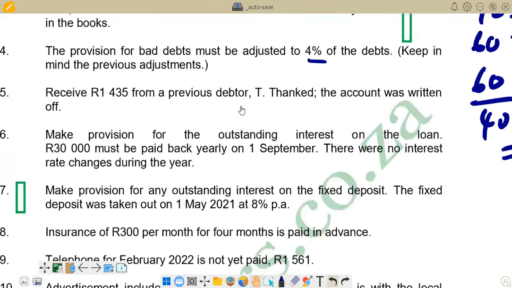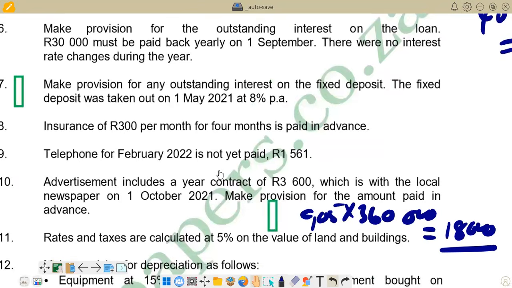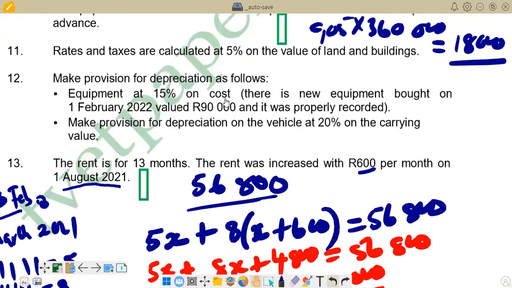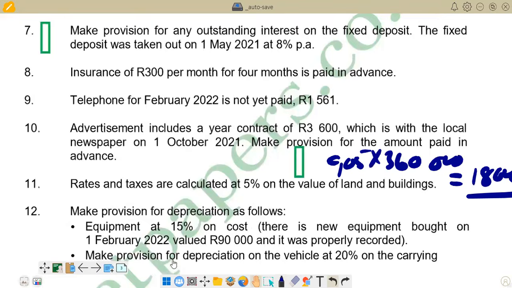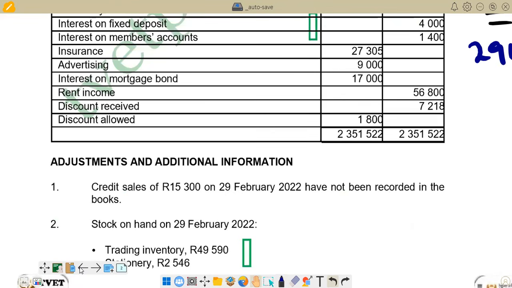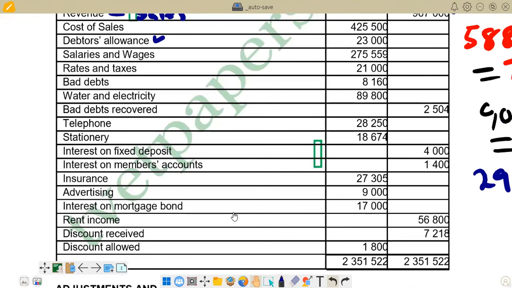We go down. We are seeing nothing there. So it means we've got nothing that is affecting water and electricity. We take the figure that we are given in the list of balances for water and electricity. Let's check that figure. Is this one 89,800? So we are going to put that one.